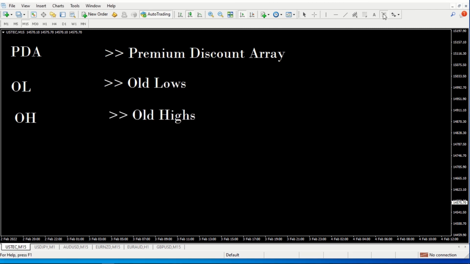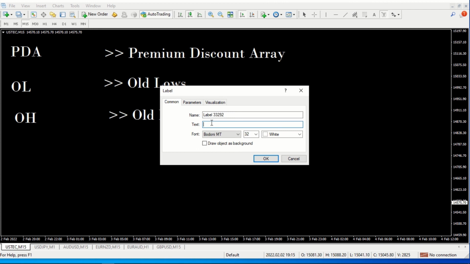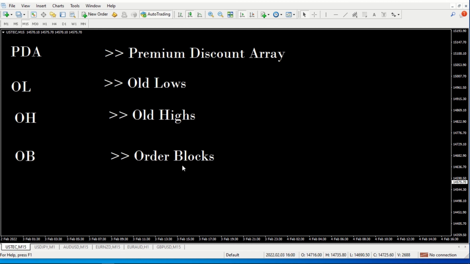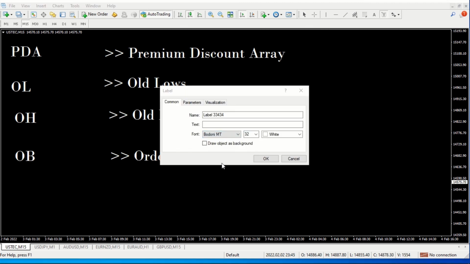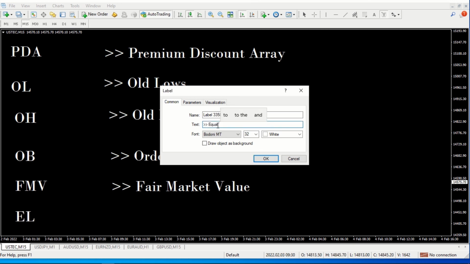We again have what we call OB, meaning order blocks, which is a very effective strategy professional traders deploy to trade the markets. We also have FMV, meaning fair market value. Very simple, my people. We also have EL, standing for equal lows.